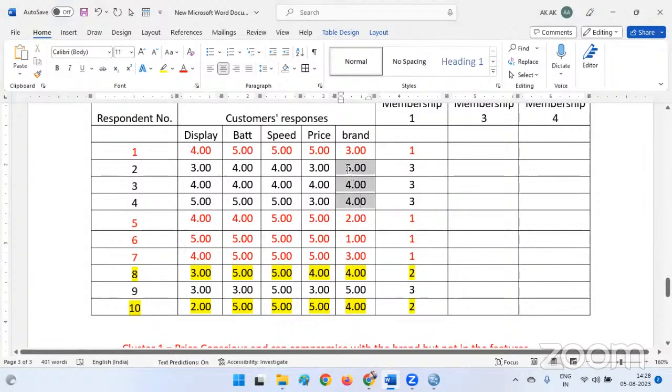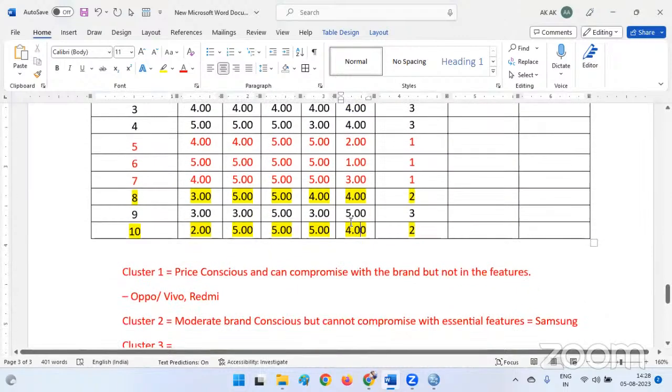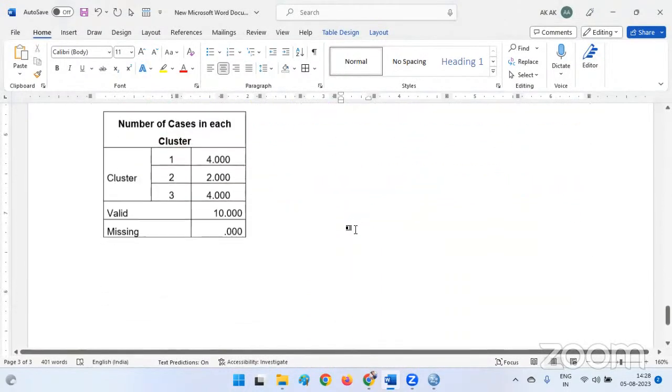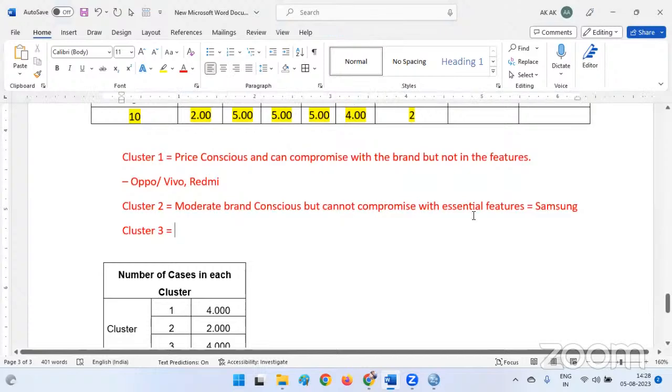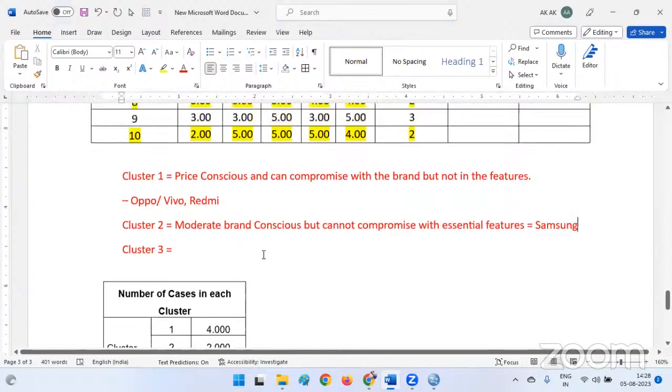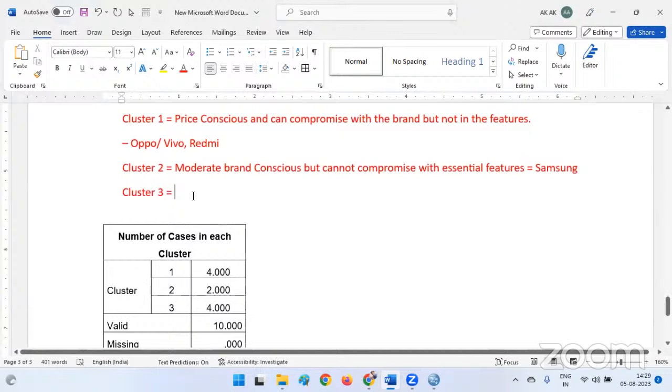However, the distinction is not so high between cluster 2 and cluster 3, but yes, they are 5, 5, 4, 4. Because it is k-means, the mean of brand in cluster 2 is 4, and in cluster 3 the mean of brand is 4.5. So that is the distinction point.